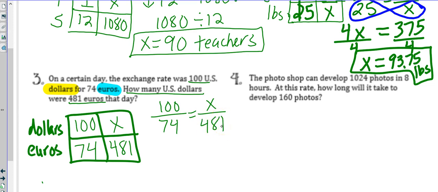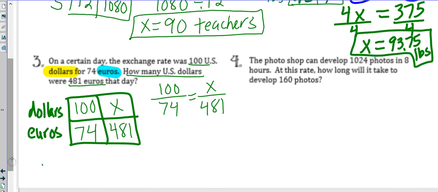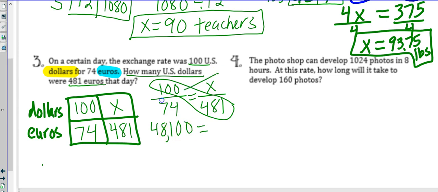For this, we're going to want to use our diagonal relationship and our cross product. So I'm going to multiply 100 times 481. I don't need a calculator for that when I'm multiplying by 100. I'm just going to move my decimal point over 2 places. So this is 48,100 is equal to 74x.